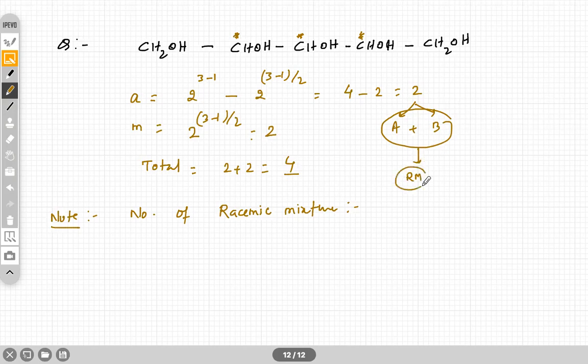Yes or no? Only one racemic mixture you are getting here. Means two optically active forms give one racemic mixture. So what is the formula we have? Number of racemic mixture is the number of optically active form divided by 2. And this is true for all above 3 cases. Here the number of racemic mixture is 1.